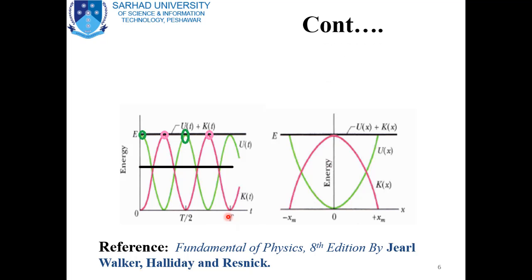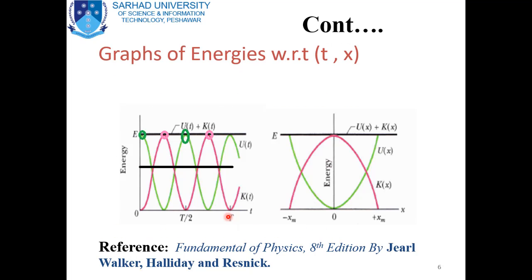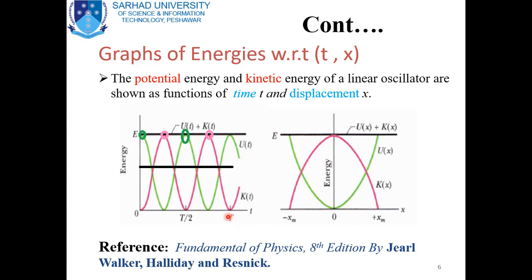In this slide, we are going to discuss the graphs of energy with respect to position and time. The potential energy and kinetic energy of a linear oscillator are shown as a function of time and displacement.